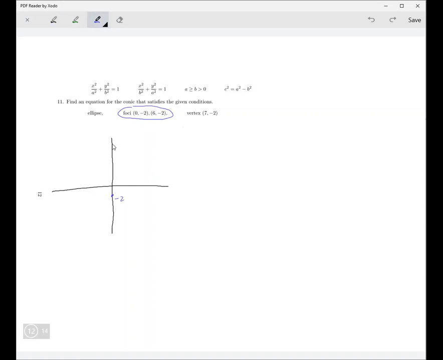And then 6, negative 2, so that's going to be up here at 6. Wait, no, no, no. 6, negative 2 is over here. Okay, so those are going to be the foci. The vertex is going to be 7, negative 2.